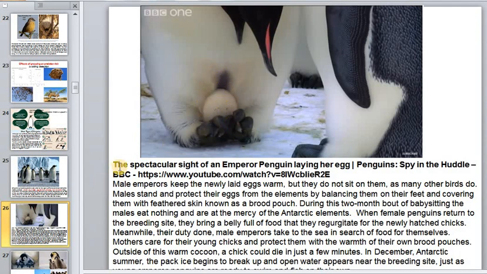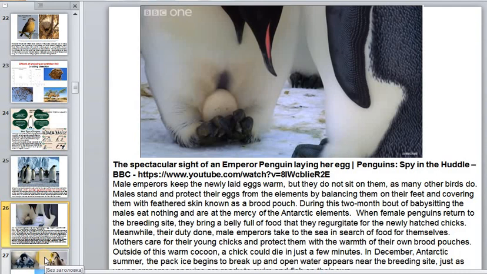And I leave this very interesting video here with a link showing how the emperor penguin lays her egg, and after that how the male emperor penguin keeps this egg warm for 2 months, moving with this egg, and even not eating all this time.